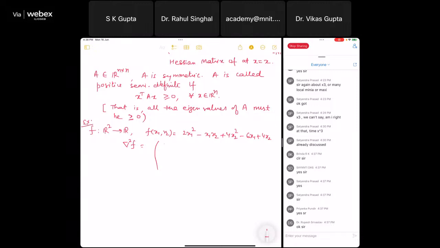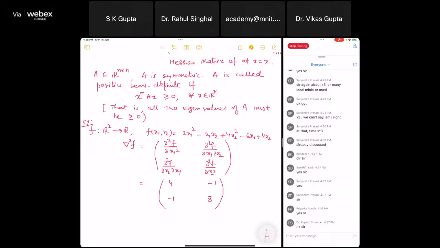So that will be del square f by del x1 square, as per the definition of the Hessian matrix, del square f by del x1 del x2, del square f by del x2 del x1, and del square f by del x2 square. So this will give you 4, minus 1, minus 1, and 8.